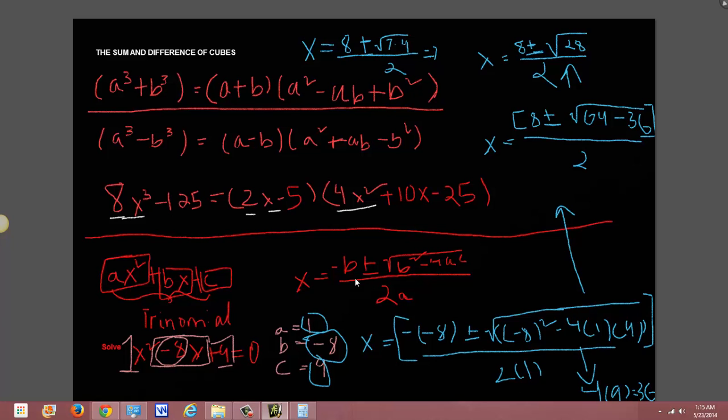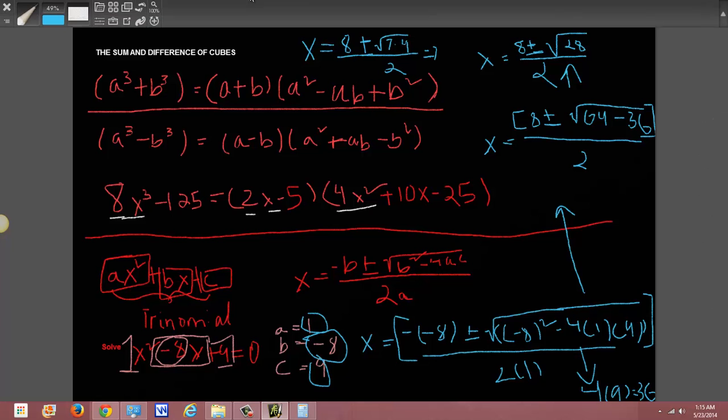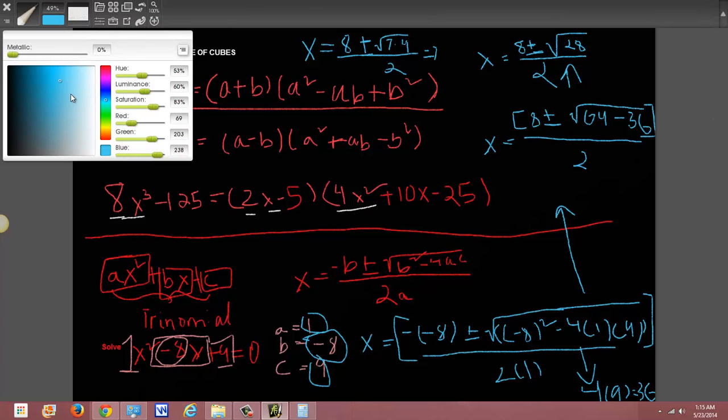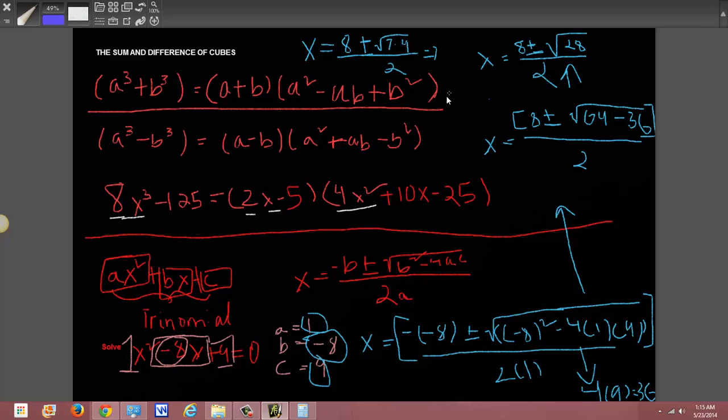I'm going to do this in a different color so you don't get mixed up. X equals 8 plus or minus the square root of 4, which we said was 2, and the square root of 7, and divide all that by 2.